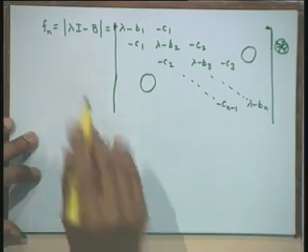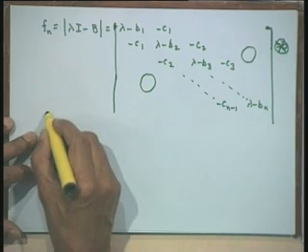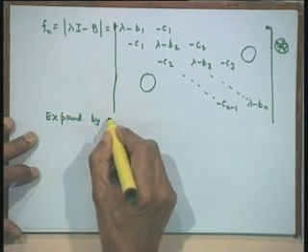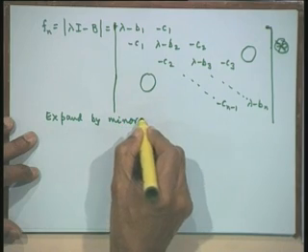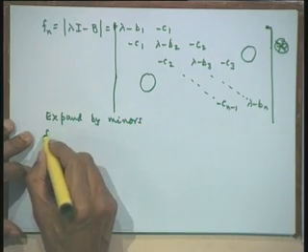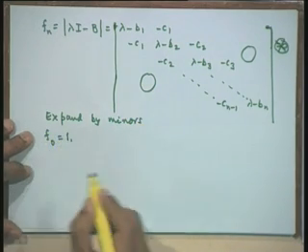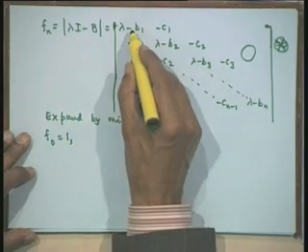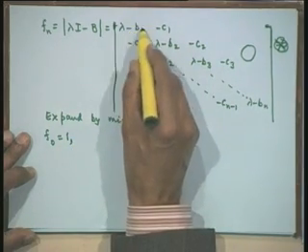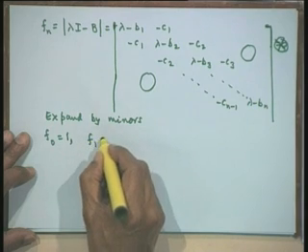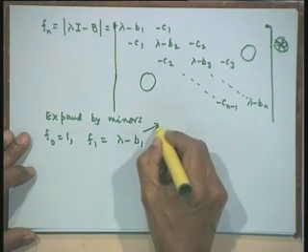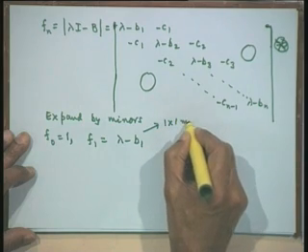I define, expand this by minors. We define f 0 as 1. With that I take the 1 into 1 minor, that is simply lambda minus b 1, and denote that by f 1.